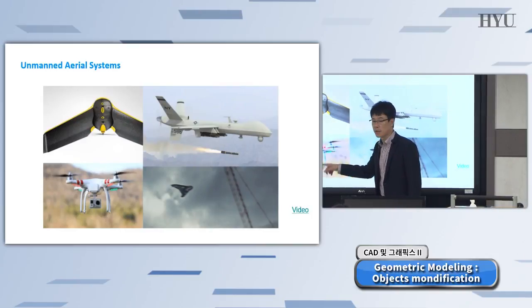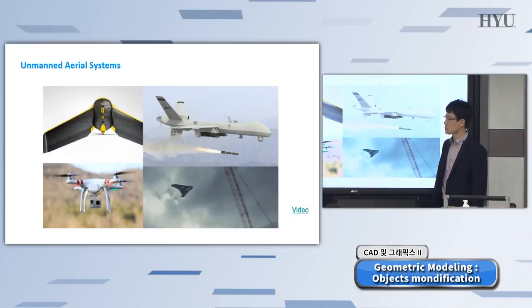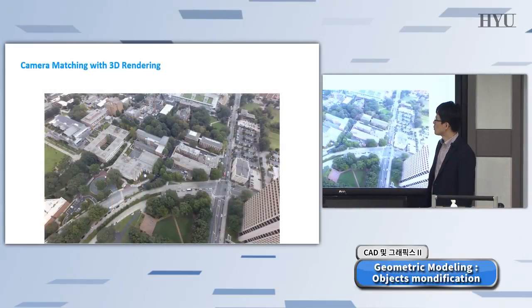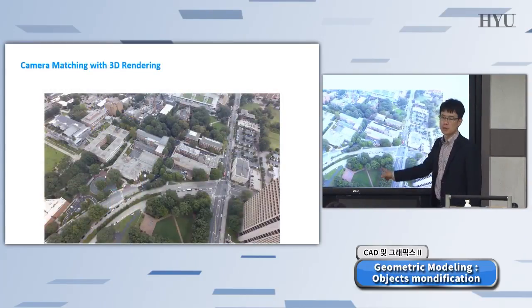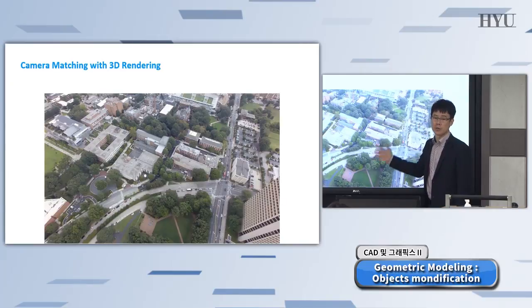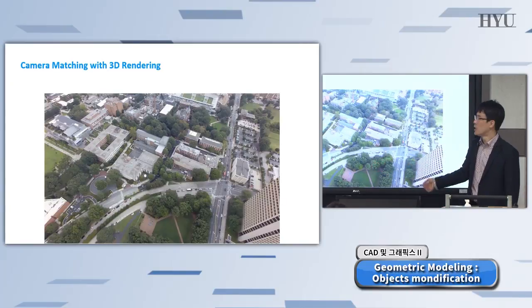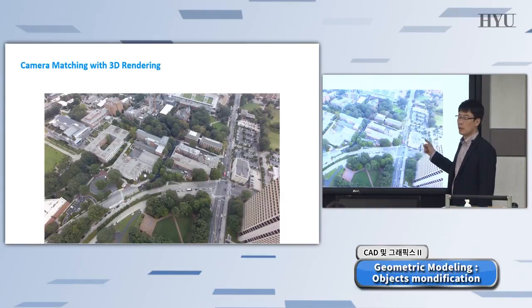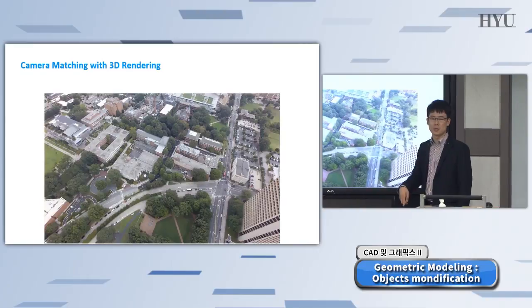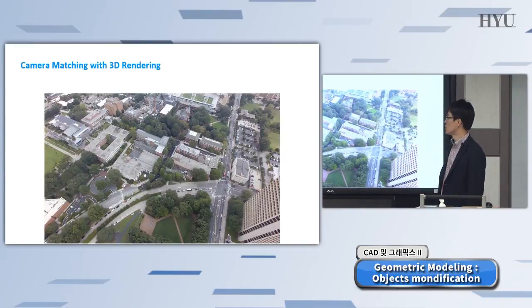Anyway, this drone can take a series of pictures, flying over this university campus, Georgia Tech campus, and then we can get hundreds of high-resolution pictures. Actually, the slides are excerpted from Matthew Swartz's guest lecture series last early spring. Okay, thanks to Matt, I can show you those slides.